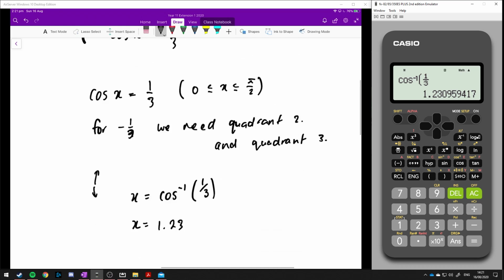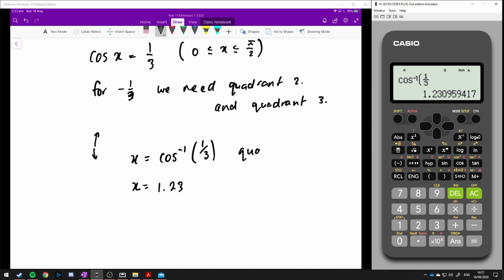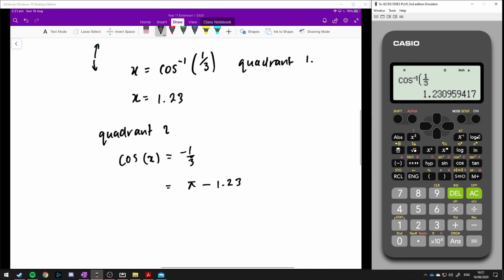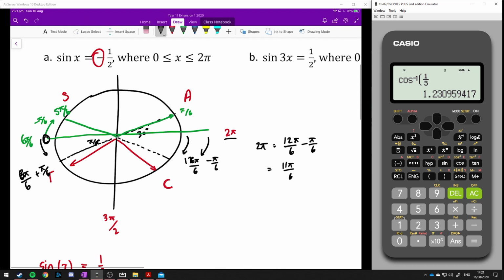Now for our radians, we can add and subtract pi from both of these. If x is equal to a third, that's what it's equal to in quadrant 1. And for quadrant 2, cos of x is equal to negative a third. That's the same as pi minus 1.23. If you think about it in our circle, we're starting at this point here, and we're subtracting what we need to get to our value.